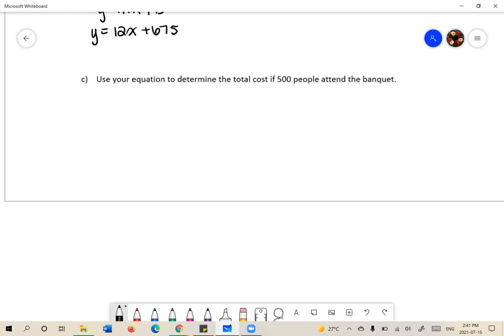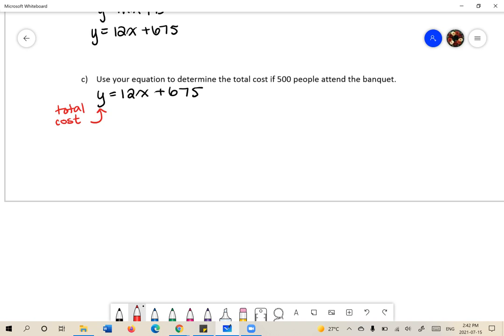So y is equal to 12x plus 675. Reading this, our total cost is our y. To run the event and to pay for the entire banquet, how much is it going to cost? That's why y is isolated on the left. Everything else, what it's going to cost you to run the event, is on the right.